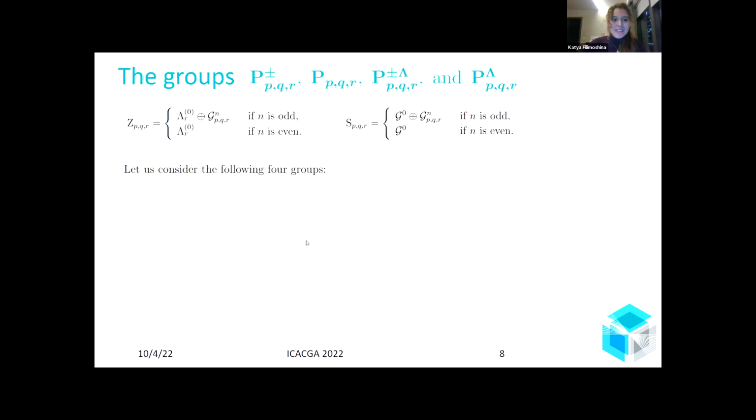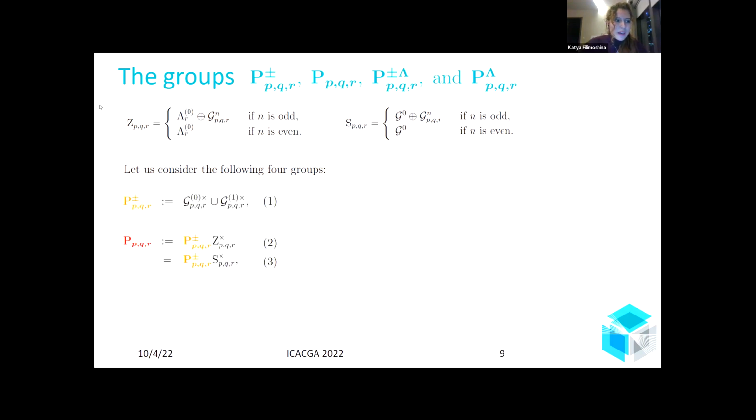So now let us introduce the 4 types of Lie groups P, P plus minus, P plus minus lambda, and P lambda. The lower indices PQR in the notation of these groups show the signature of the algebra in which the group is considered. Here you can see the center ZPQR and its subset SPQR as a reminder.